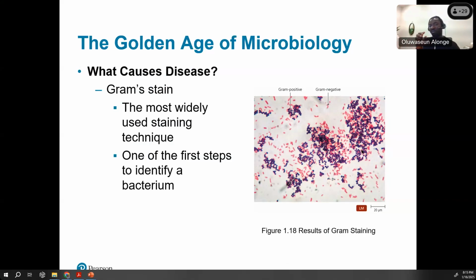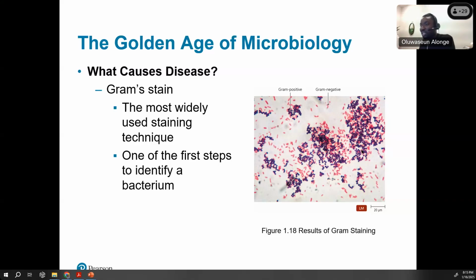Gram-negative have less than 10% peptidoglycan in their cell wall, whereas gram-positive have about 90% peptidoglycan in their cell wall. So gram-positive have a thicker cell wall, and gram-negative have a thinner cell wall.